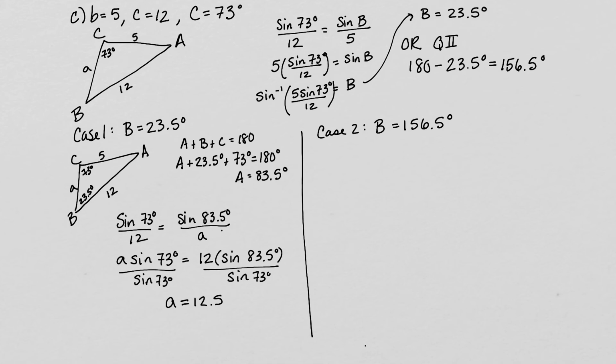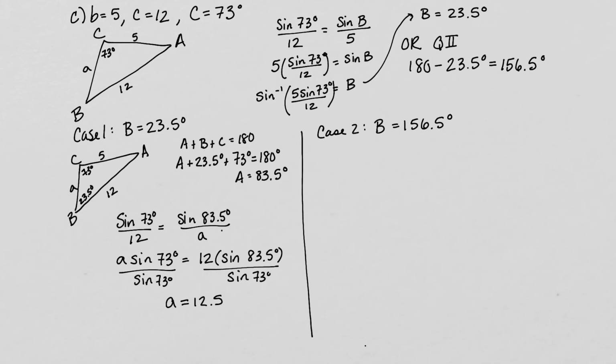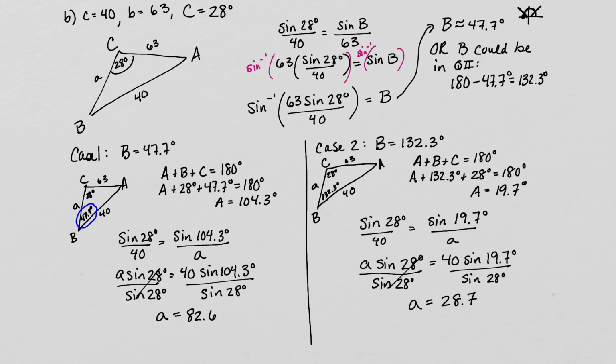I saw on the last problem we used B. Wait, you mean the previous problem, part B, where I used the sine of B over b? So I use the sine of B over b here, right? Because I was given 63 and that's across from B.